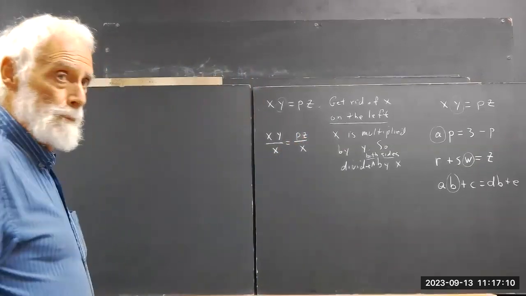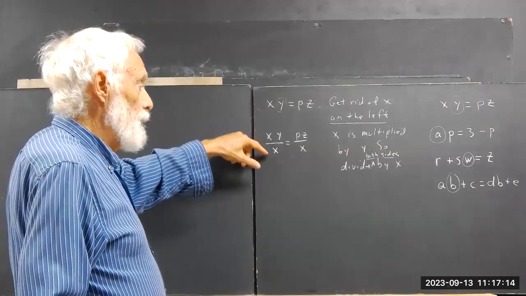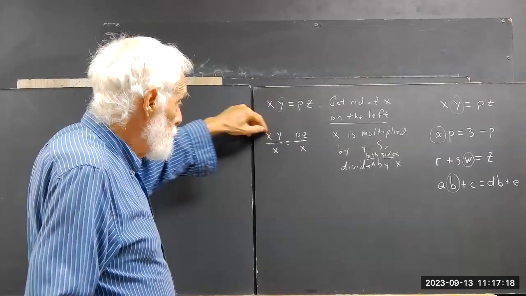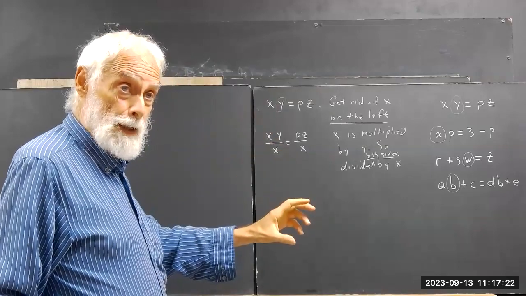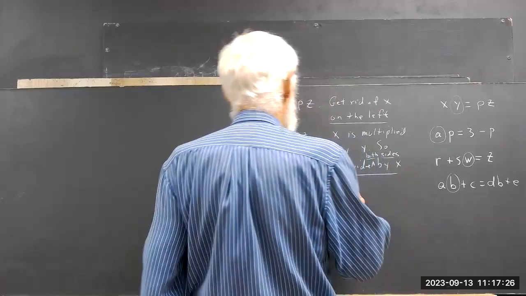Okay. Then x is a factor of the numerator, and x is a factor of the denominator. In other words, everything else in the numerator is multiplied by x. That's what we mean by x is a factor. So I'll say that kind of completely.